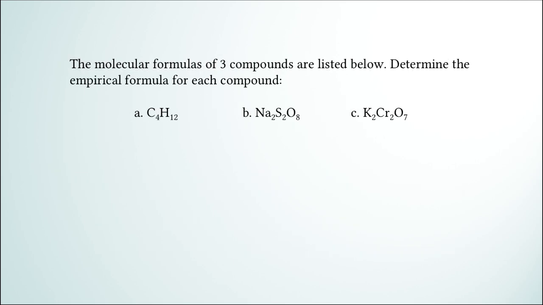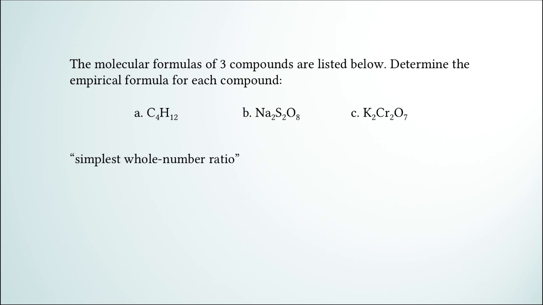The molecular formulas of 3 compounds are listed below. Determine the empirical formula for each compound: C4H12, Na2S2O8, and K2Cr2O7. Well, the definition of an empirical formula is the simplest whole number ratio for the atoms within a molecule.